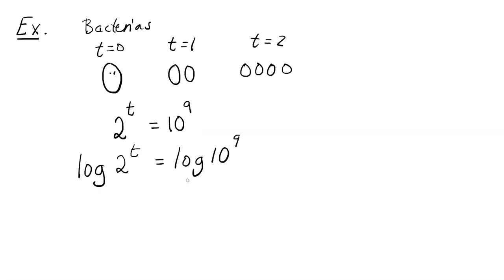Okay, so we'll have this that we want to solve instead. And now we can use the rule for calculation. We can bring down the t here, since that was one of the rules for logarithms. So this is t times log 2.